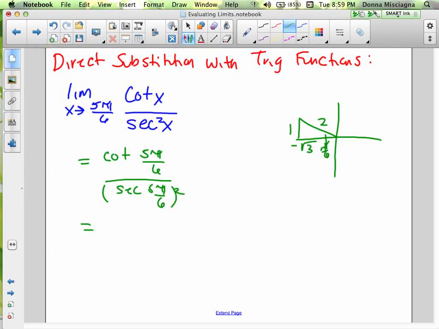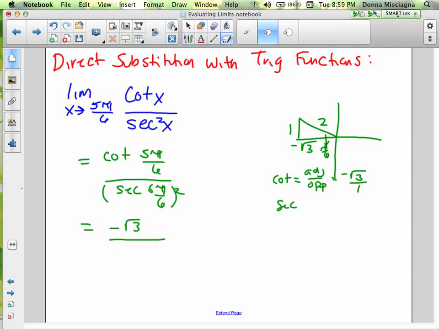negative square root of 3 divided by, all right, so secant, maybe I should write this over here. So cotangent, as a reminder, is the adjacent divided by the opposite. So in this case, it was negative square root of 3 divided by 1. And then secant, that's the inverse of cosine. And I really shouldn't write that, that's actually bad.